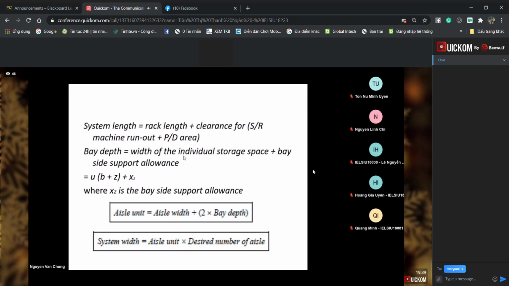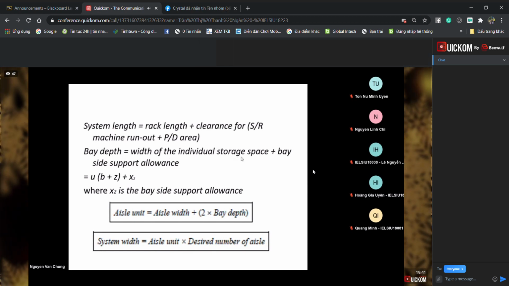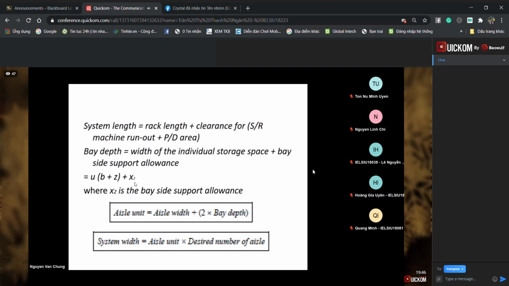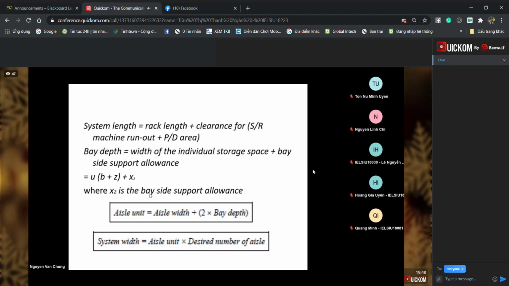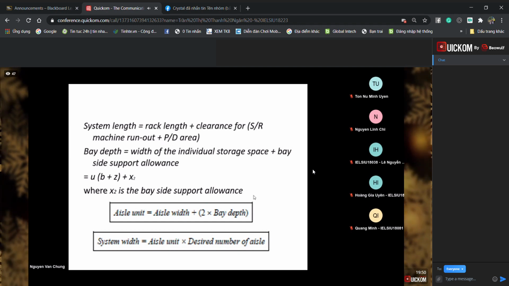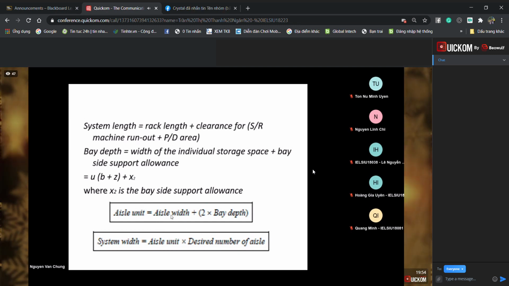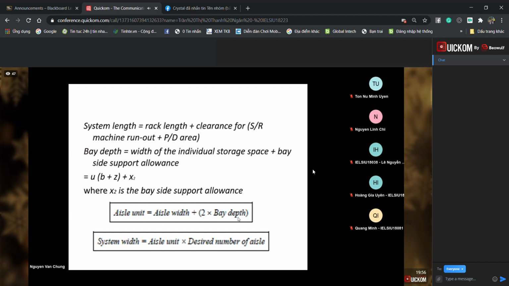So this is the width of an individual storage space plus a bay size support allowance. This is the bay size support allowance. The IO unit equals IO width plus 2 bay depth.